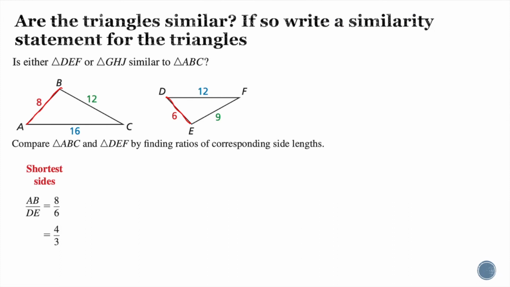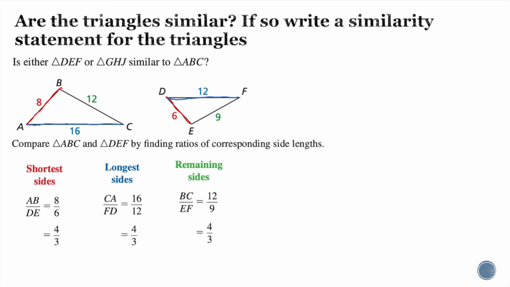Now I have my longest side, AC and FD, and that is also 4/3. And to no surprise, you would know that the remaining side in green is 4/3. So all the ratios are equal. Hence, triangle ABC is similar to triangle DEF by the side-side-side similarity theorem.